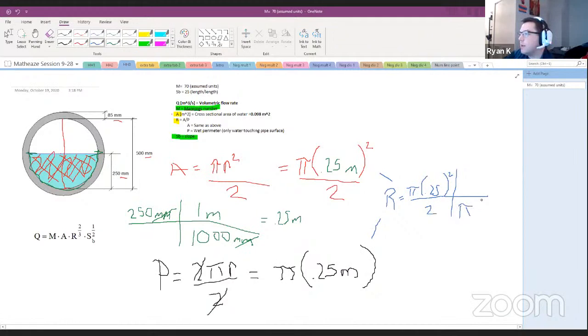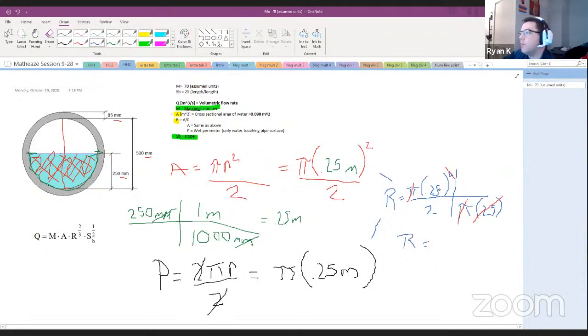So you'll see some stuff cancels out. Can cancel out the pi here, can cancel out one of these 0.25s. So just get rid of the square, and now all I'm left with is R is equal to 0.25.